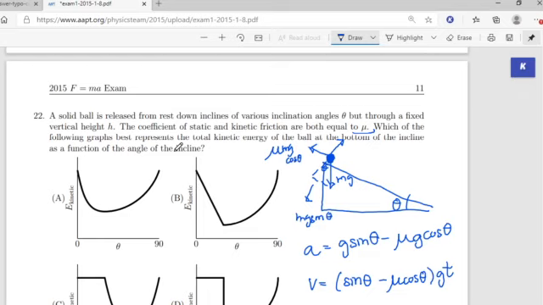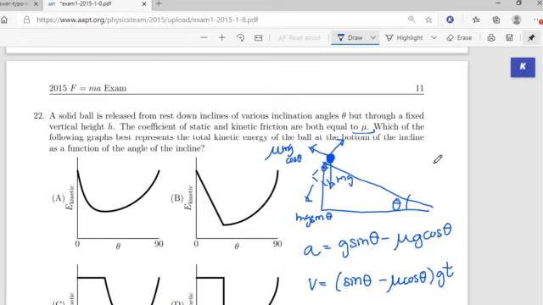The flatter it is, the lower the kinetic energy would be. So wait, actually no, because the vertical height would be fixed.